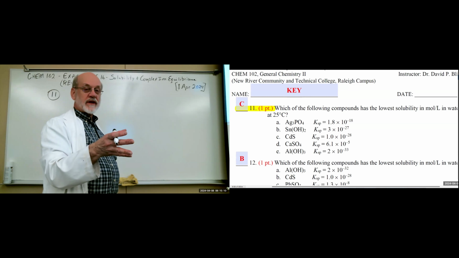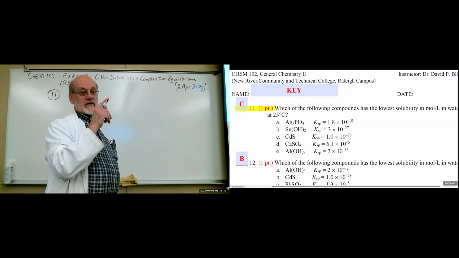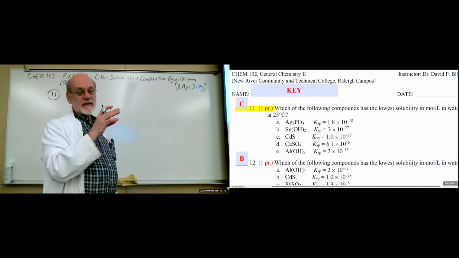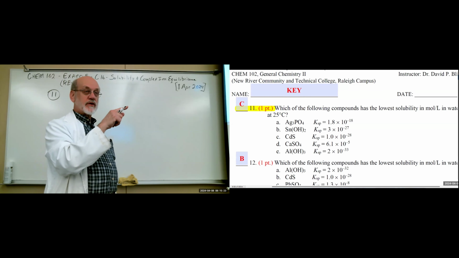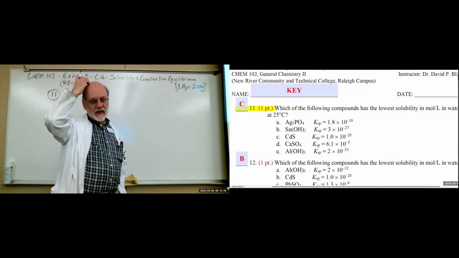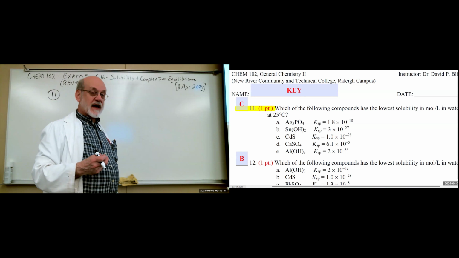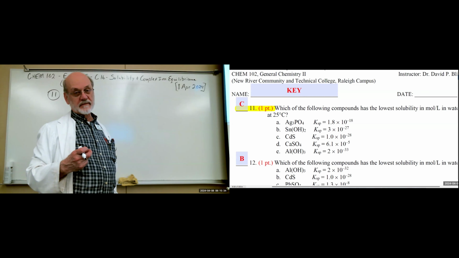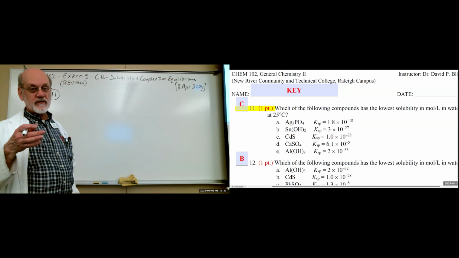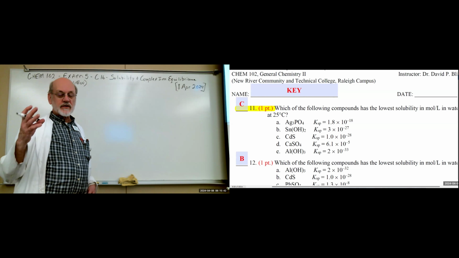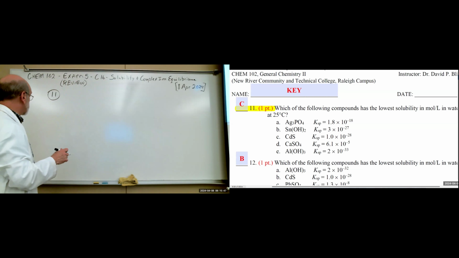But if and only if that first rule is in effect, like cadmium sulfide and calcium sulfate, they can be directly compared because they each produce 2 ions. Or let's see, aluminum hydroxide and silver phosphate would produce 4 ions each. They could be directly compared, but since we've got a mix, in order to calculate and compare the solubilities, we've got to go through the whole procedure.